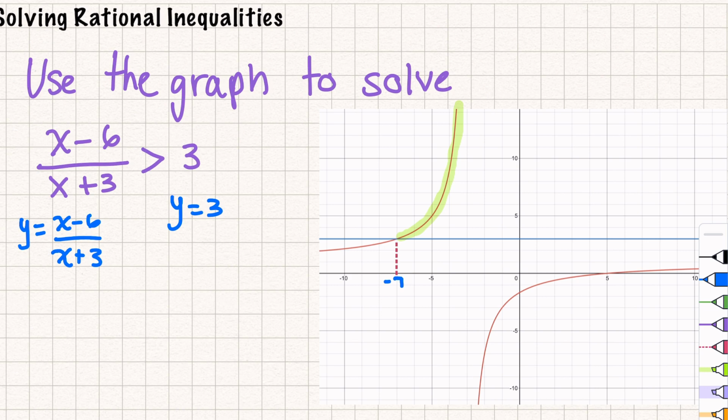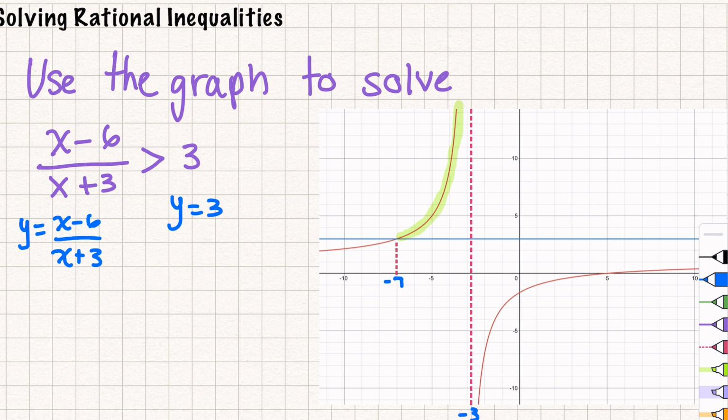Well, you'll notice because this is a rational function, there is going to be an asymptote. Where is that asymptote? If we look at our function, we see that it's approaching some number. So where is that asymptote? We can see it's approaching this line here. That's our asymptote, and that value is at -3.